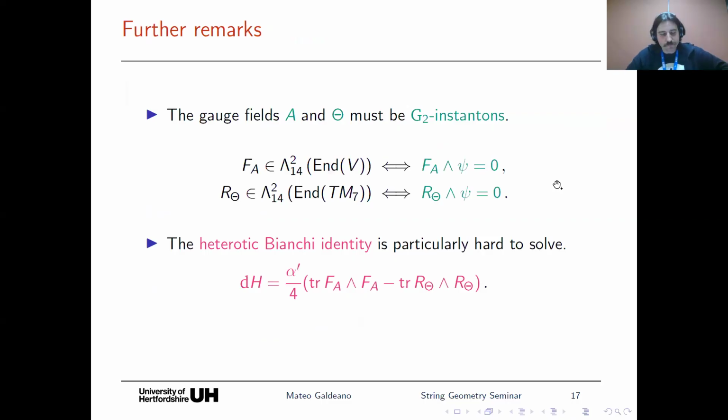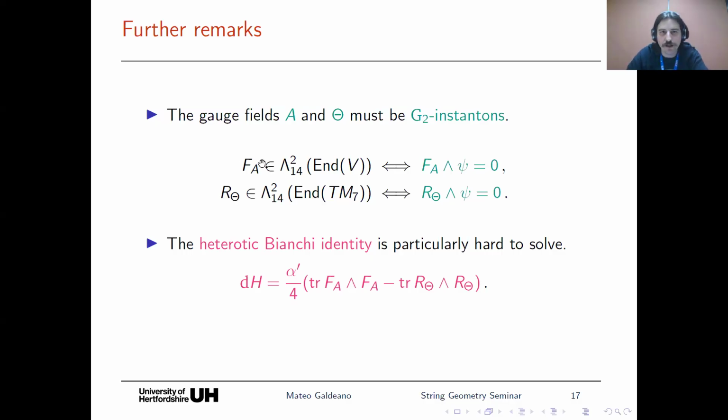We have to remember that there's not just this geometry part. There were also these connections in this system, these gauge fields. The condition that these gauge fields must satisfy is that they have to be G2 instantons. What does it mean to be a G2 instanton? It just means that the curvature of your connection lies in a very particular space.